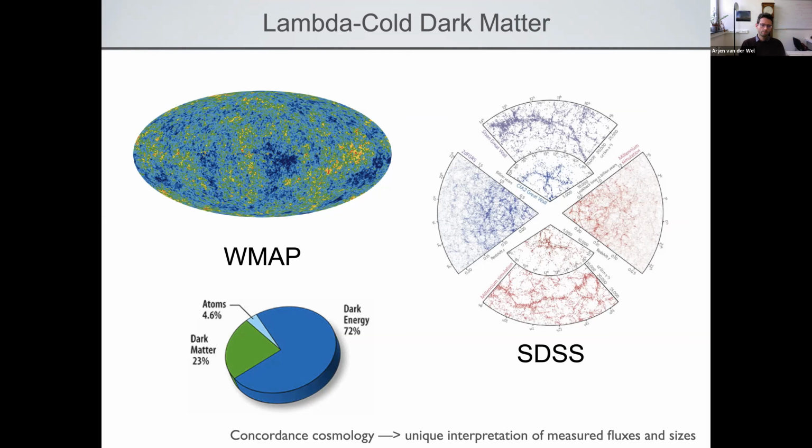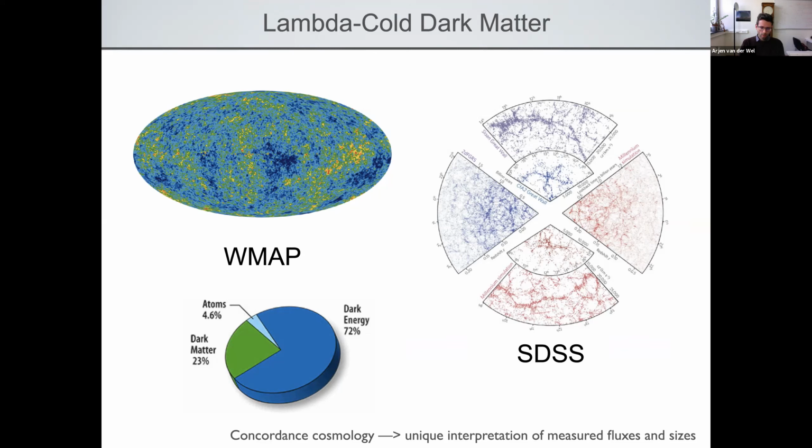So for every result you wanted to infer about galaxy evolution, you had to make various versions for an open universe, a flat universe, etc. Different Hubble constants even. The fact that we have concordance cosmology meant that galaxy evolution could take an enormous leap forward, because you didn't have to worry about interpretation of your fluxes anymore.